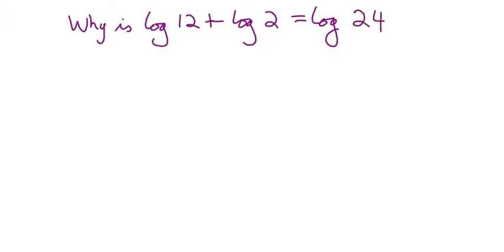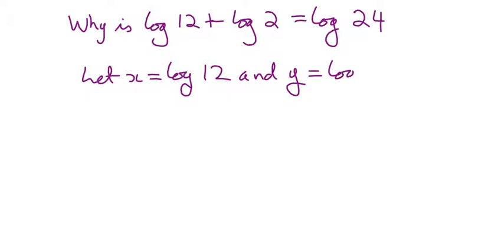24, right? The product. And so you might say, well, why is that? Or, can we use exponents? So if we said let x equal log 12 and y equal log 2, then I can now change these to exponential form, right?